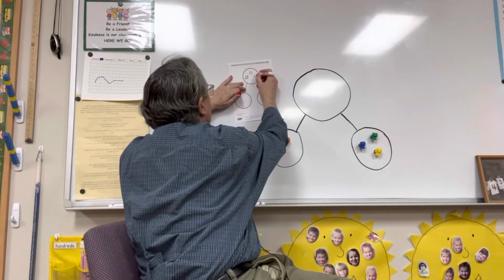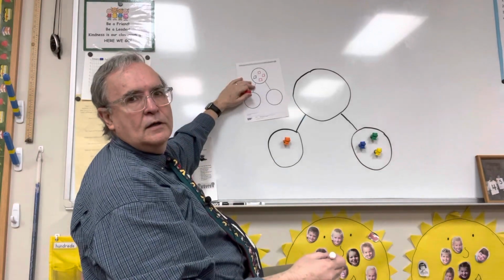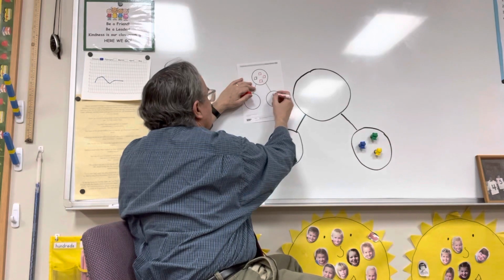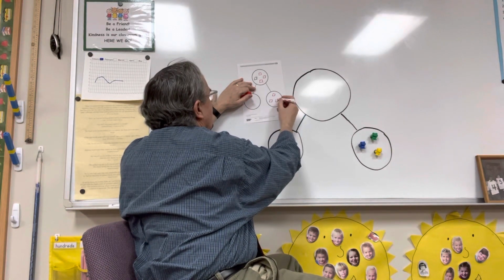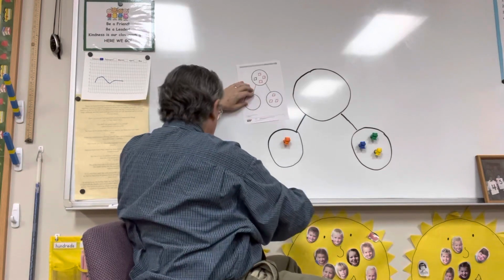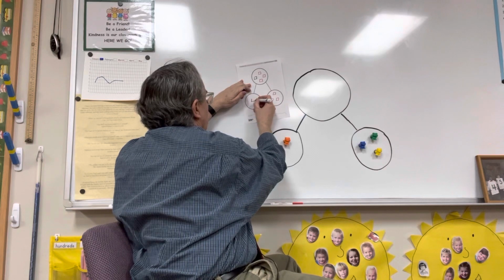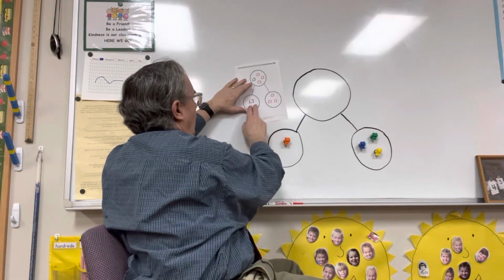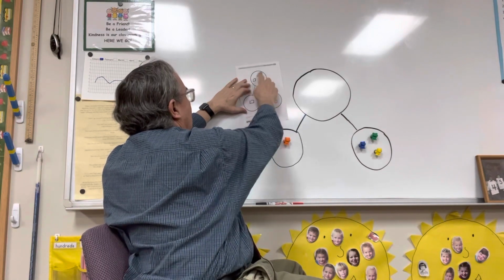Now, how many squares do I have in there? 4. My whole is 4. Now, some of the bears came down into this part right here. 3 of them. So I have 3 in here. And 1 of the bears came down into this part here. And so we see that the part 1 and 3, they follow the path, and the whole is 4.